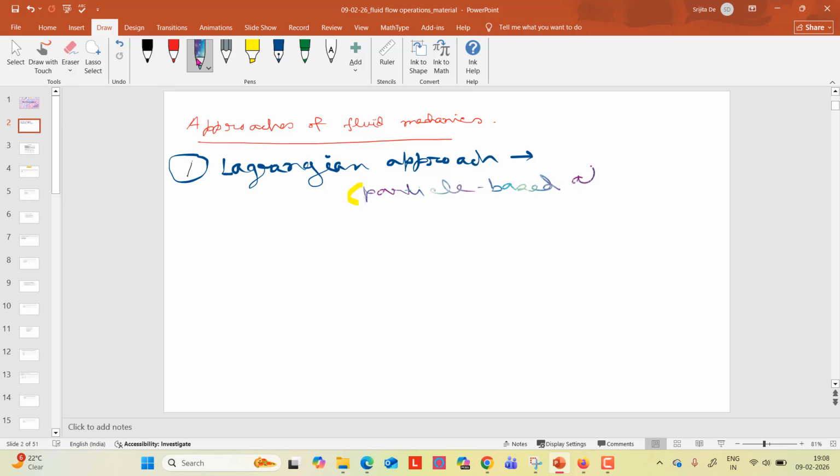That means the entire bulk of fluid is separated into particles.